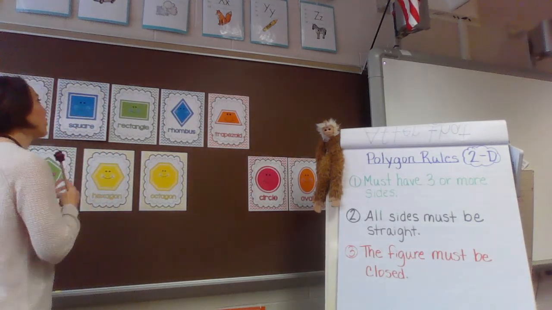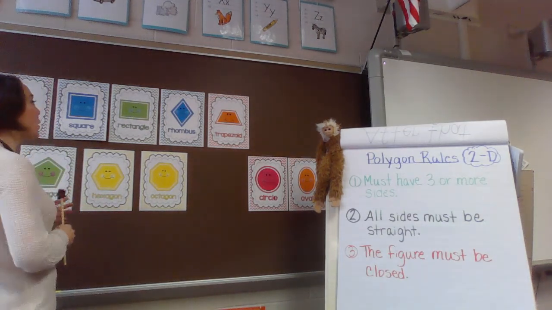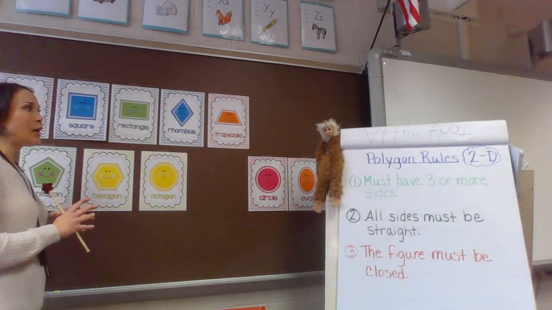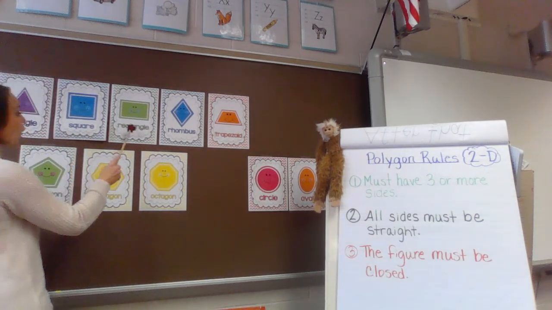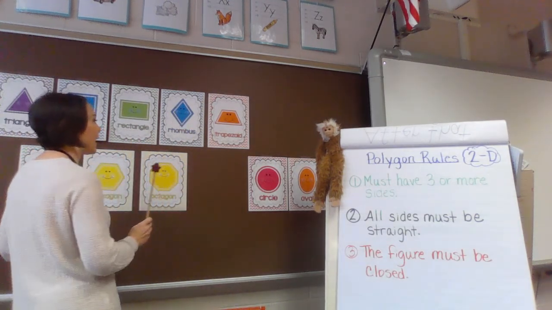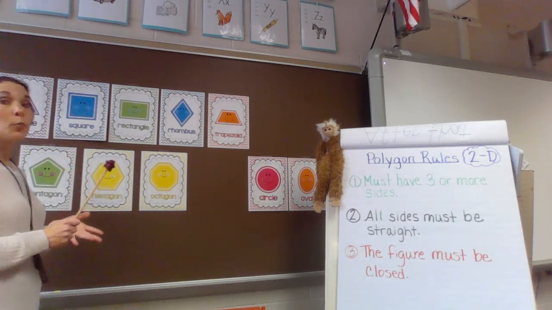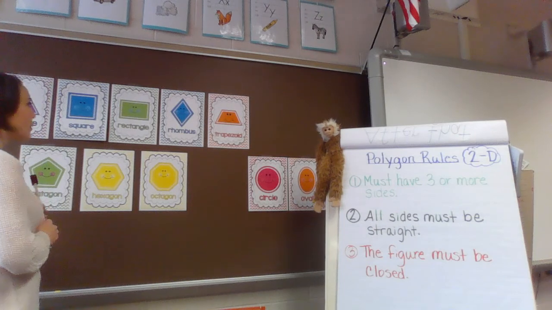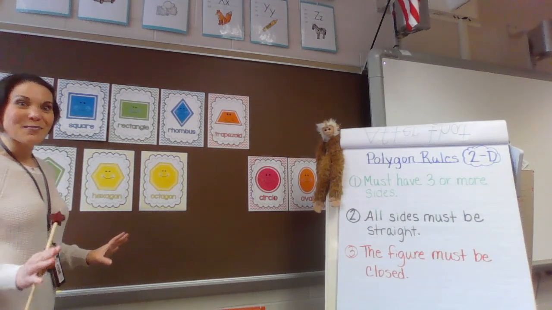But sometimes when you break it down even a little bit more, some of these shapes can go into different categories. Yes, they are polygons. Yes, they are 2D shapes. They're plane shapes. But they can also be part of another family. And it's a big math word.